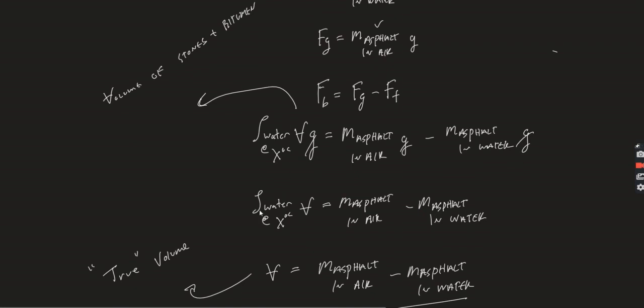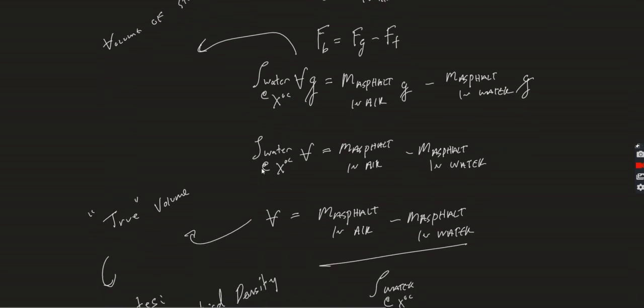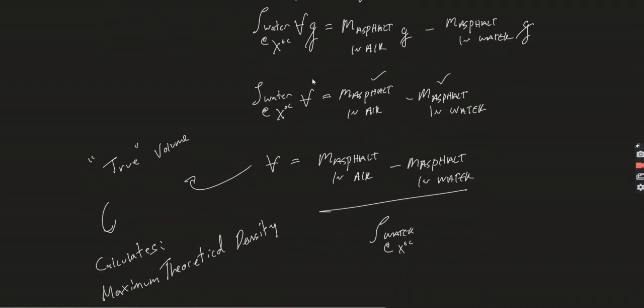That leaves just the density of water at whatever temperature the water bath is at, multiplied by the volume of displaced liquid from the specimen, and that's equal to the mass of asphalt in air minus the mass of asphalt in water. And we have these two values, so we can calculate this. However, this value doesn't mean much by itself.